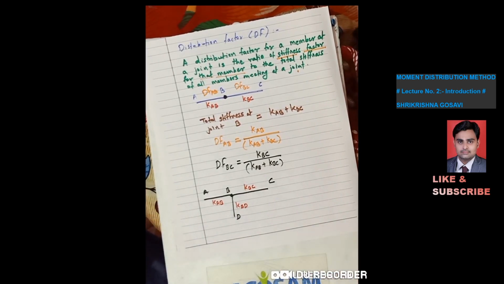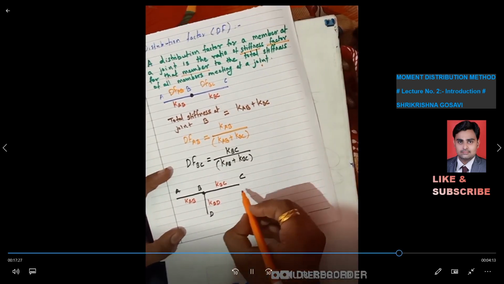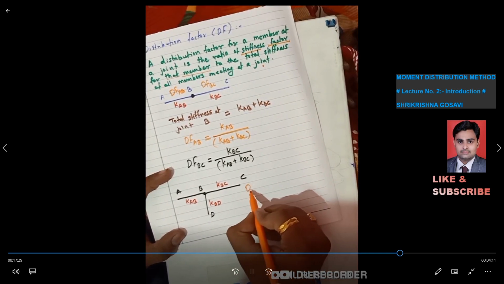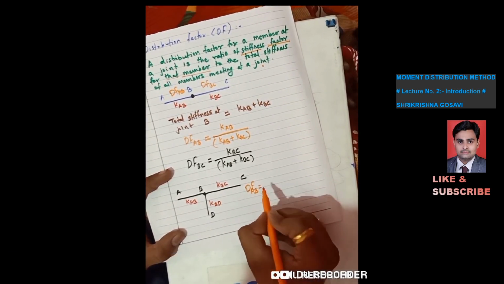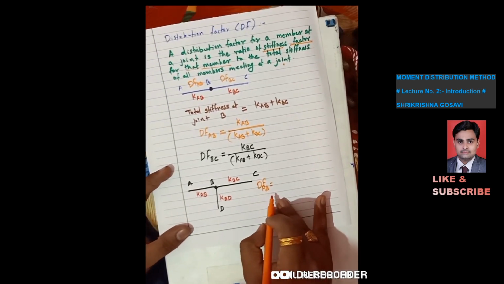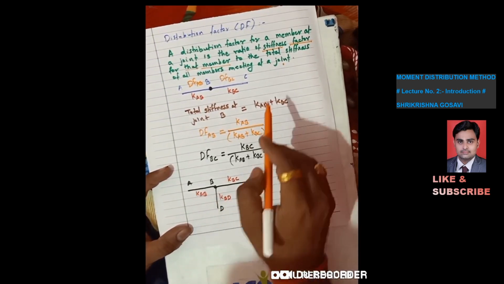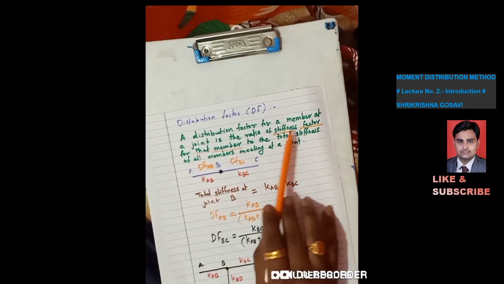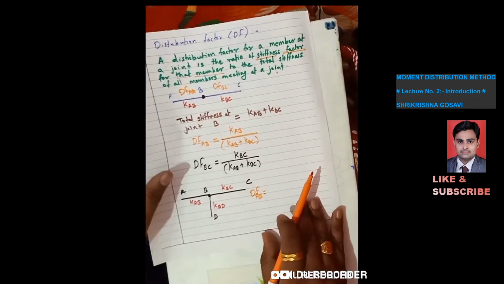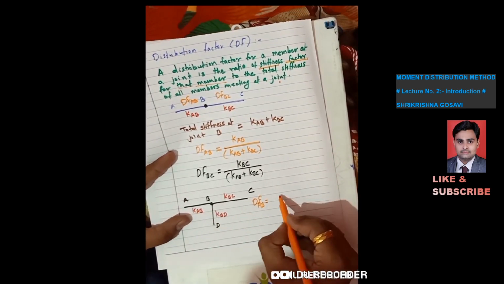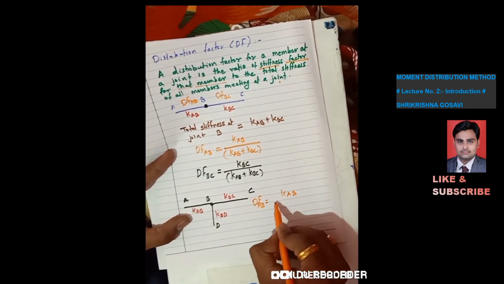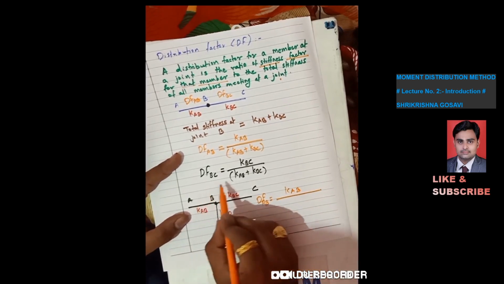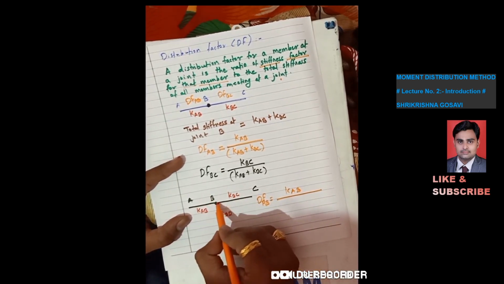Now if I calculate the distribution factor of AB, it will be the stiffness of that member. As per the definition, first we have to take the stiffness factor of that member, so it is KAB, divided by the total stiffness of the members meeting at that joint.